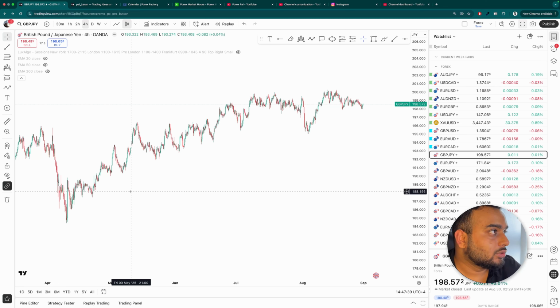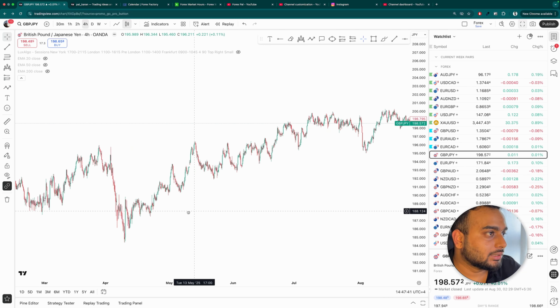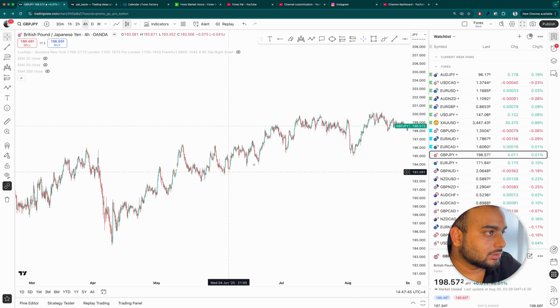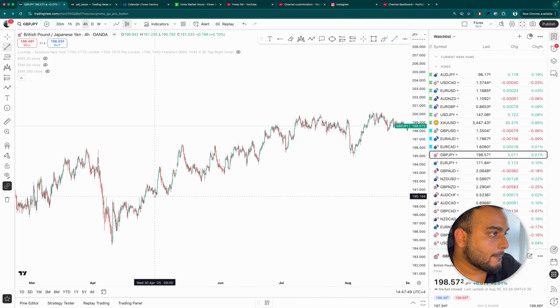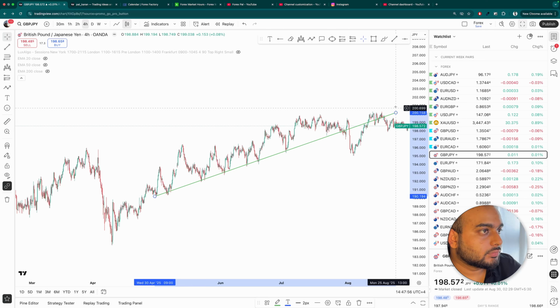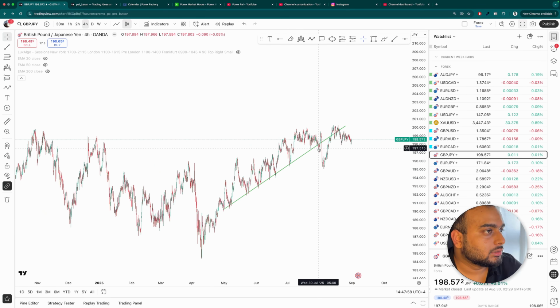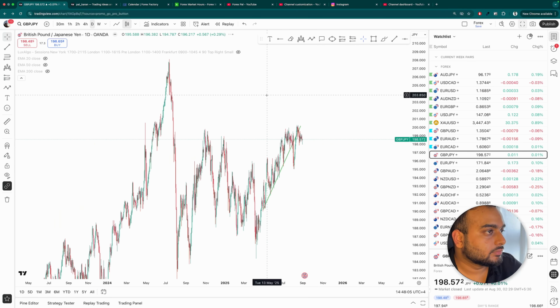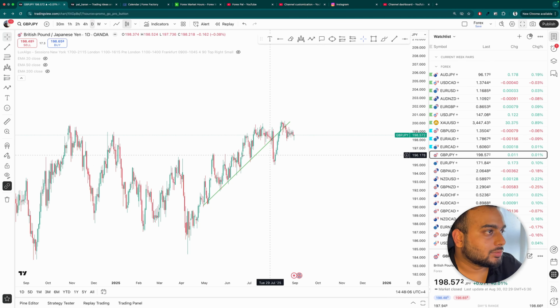So the price on GBP JPY has been moving really nice. It was in a trend until it wasn't. So price now might be in a different trend, but we are not sure here. Daily the price is bullish.